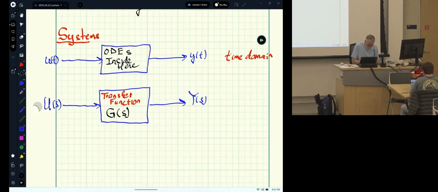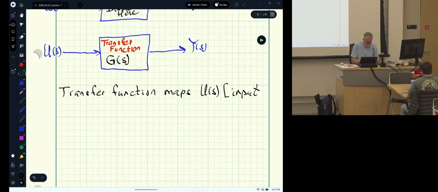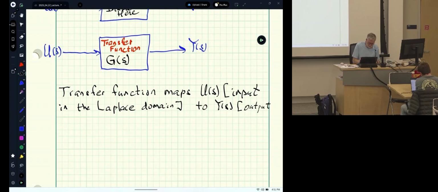So the transfer function maps U of s, so that's the input in the Laplace domain, to Y of s, and that's the output in the Laplace domain.